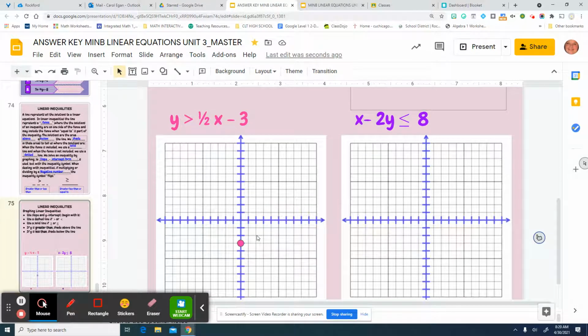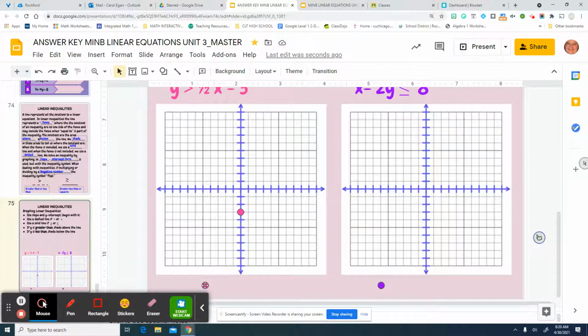Now, I don't have to represent every point. Remember, I can use equivalent fractions to spread my points out to do the line. So if I went up by 3, I'd have to go over by 6. So 1, 2, 3, 1, 2, 3, 4, 5, 6.